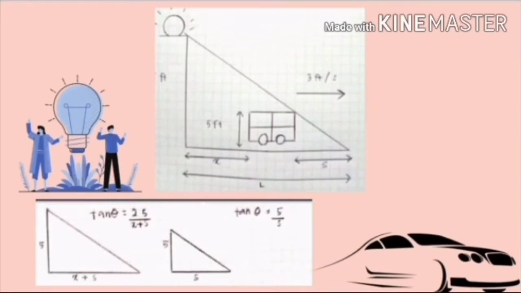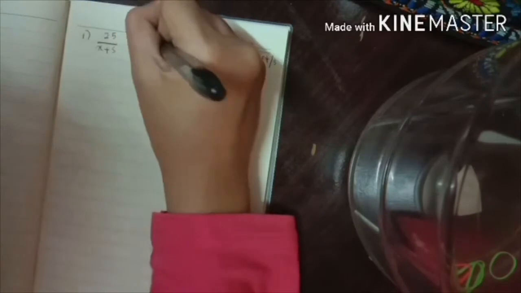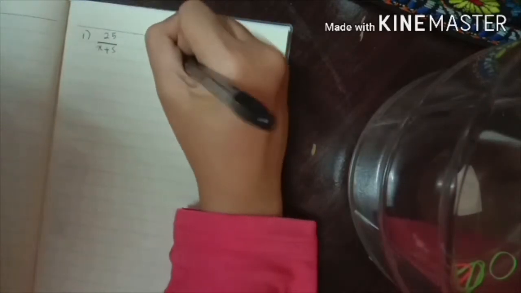The height of the street light given is 25 feet while the height of the car is 5 feet. And then the rate of the car moving is 3 feet per second. So there are two separate triangles to solve the solution, labeled with the numbers and unknown. For question number 1, there is a value of dx over dt given which is 3 feet per second.